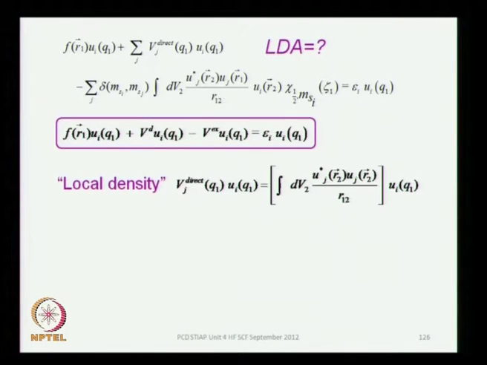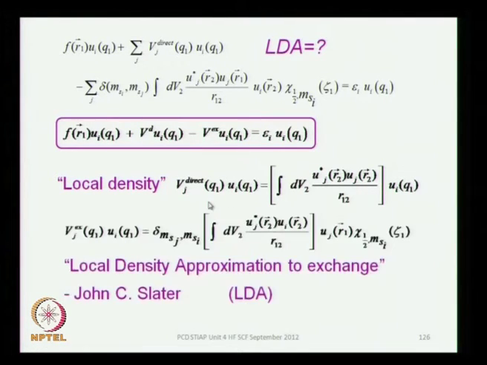So, this is the local density approximation in which you make an approximation to this operator, to the exchange term, and this was introduced by John Slater. The first form was introduced by John Slater, but later on there are many developments following this.